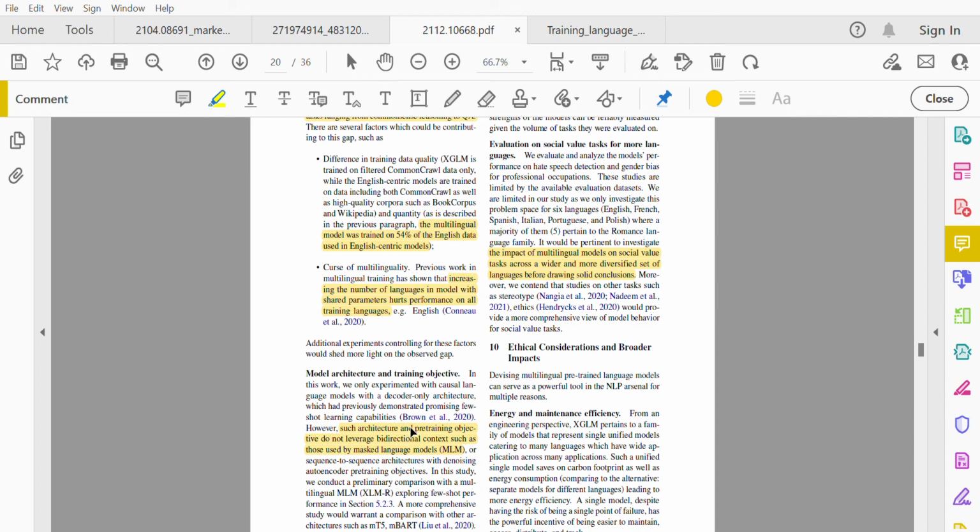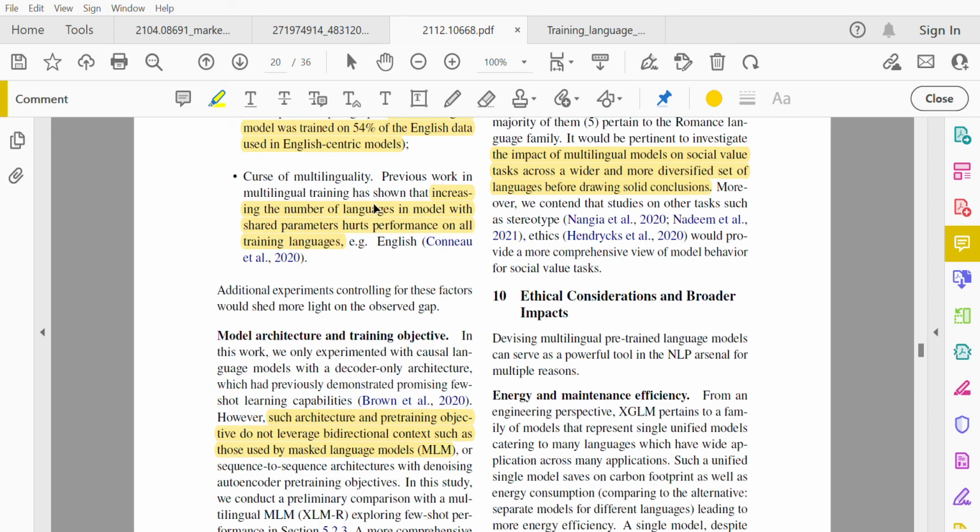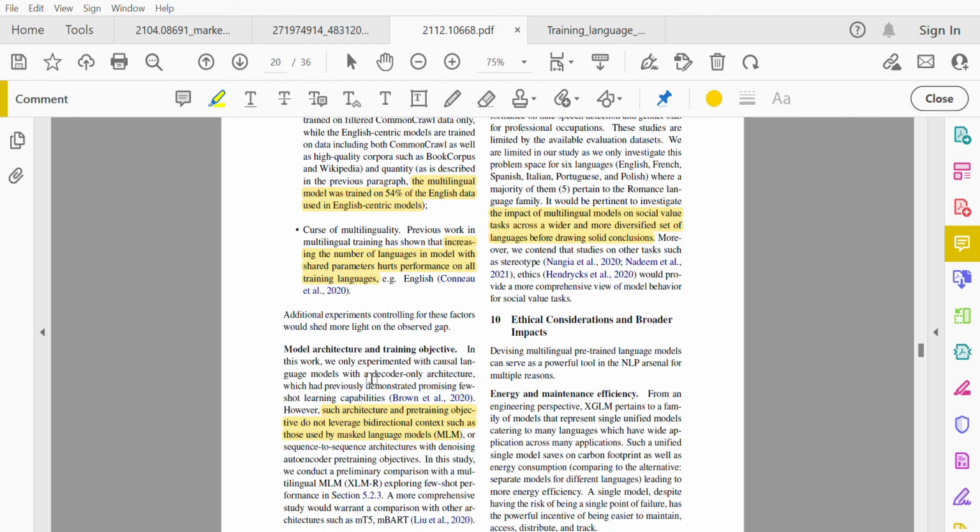I would be interested to see what a ridiculous number of billions of parameters model looks like on this, and whether you suffer less from the curse of multilinguality. Let's see what else. Yeah, they mentioned that they do not leverage bidirectional context, and that is obviously useful for a number of languages.